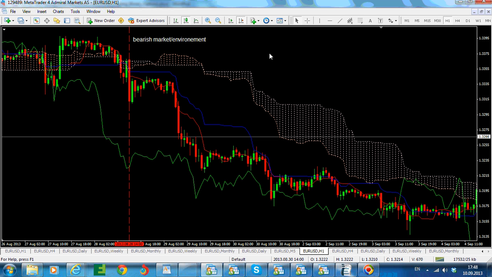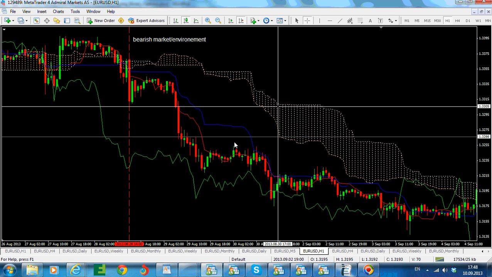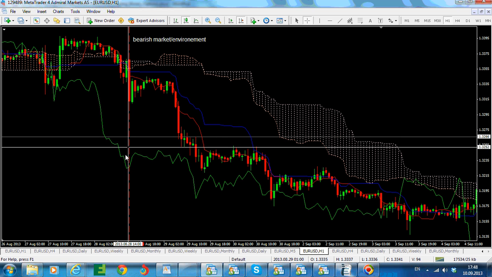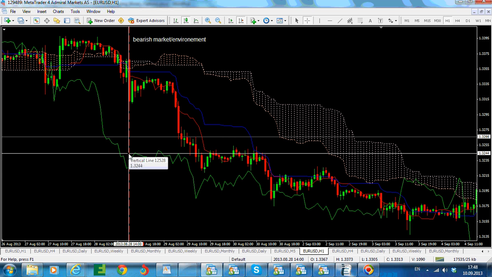Then wait for the Chikou to approach the candles in front of it, and we'll engage in buying puts, and the expiration date to be given by the distance Chikou has to travel until actually meeting the candles in front of it. For example, this is the bearish market environment.